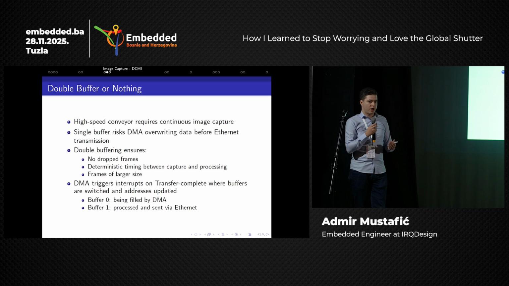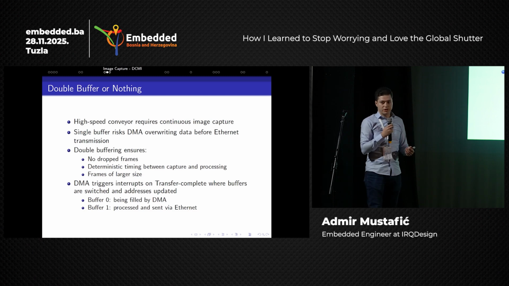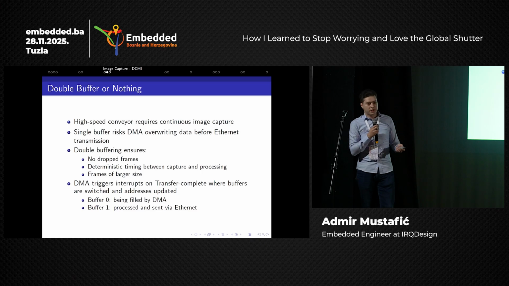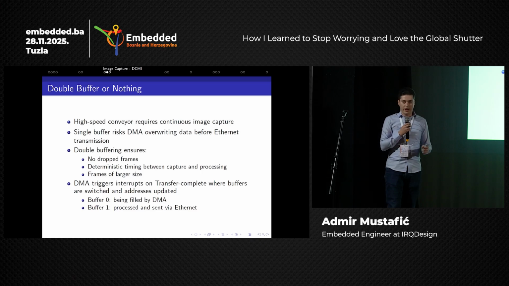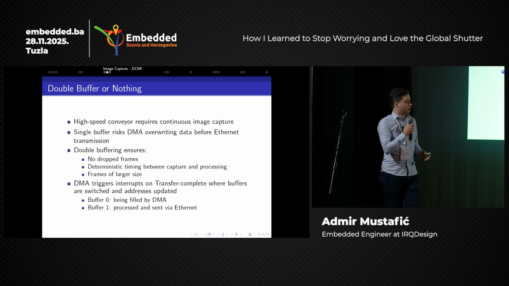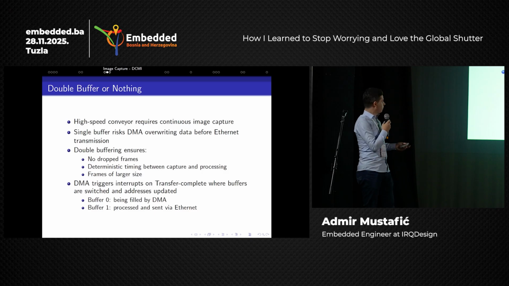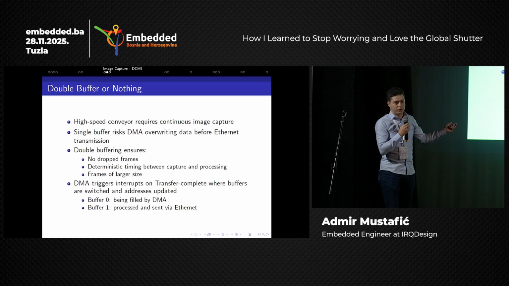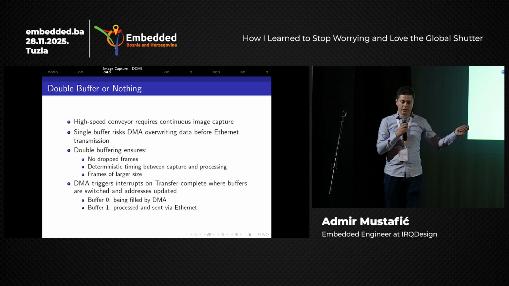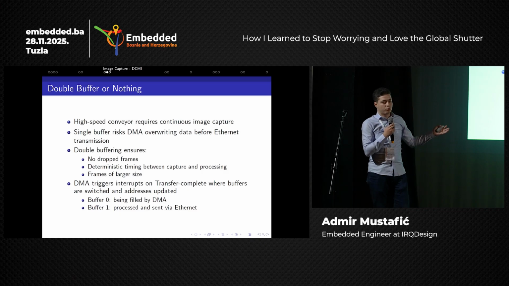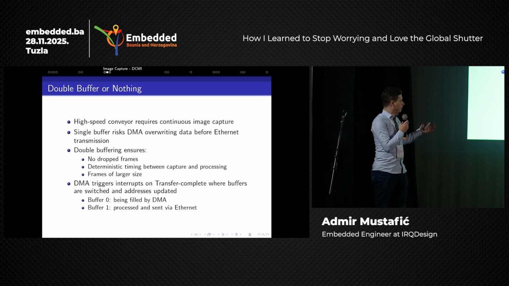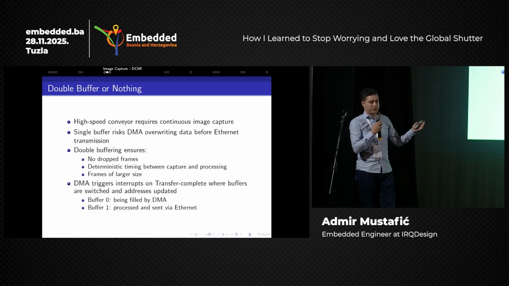We must ensure we have no dropped frames. Synchronization is key, so in that matter, we need to have deterministic captures and processing times in order to ensure the proper synchronization and that there is no data overflow and such. So we, for example, use buffer 1, which is constantly filled by the DMA, and buffer 1, which will be transmitted via the internet to our PC app.